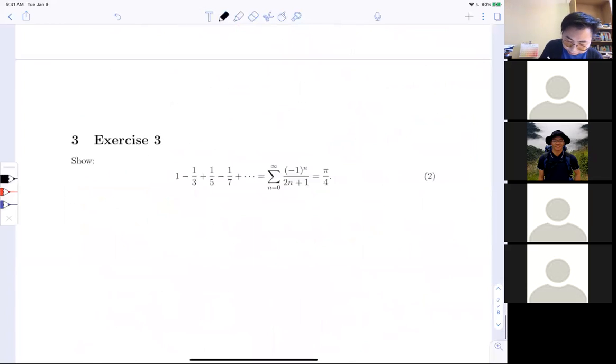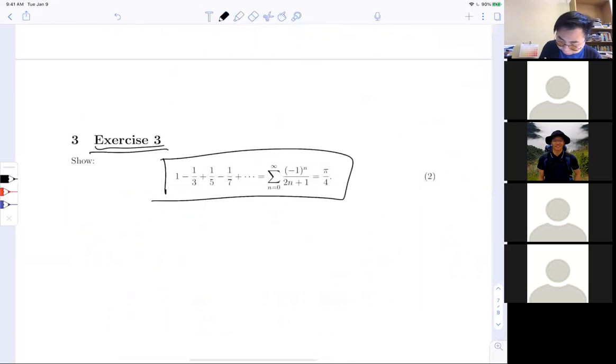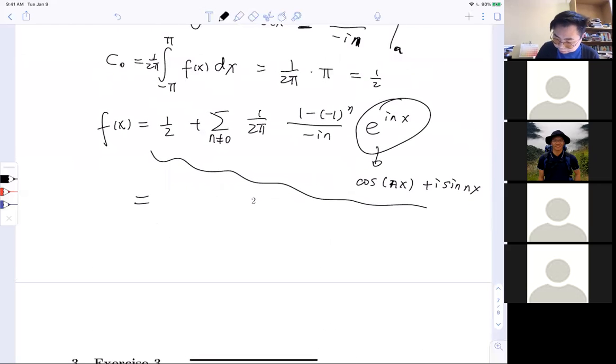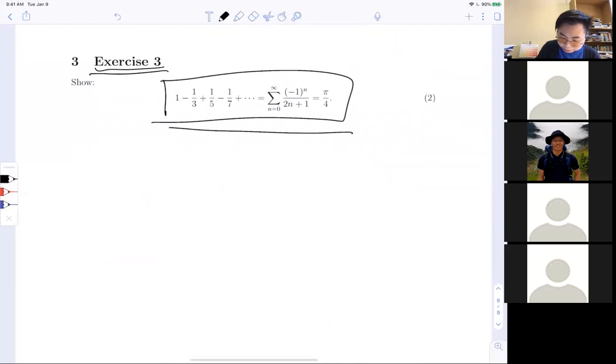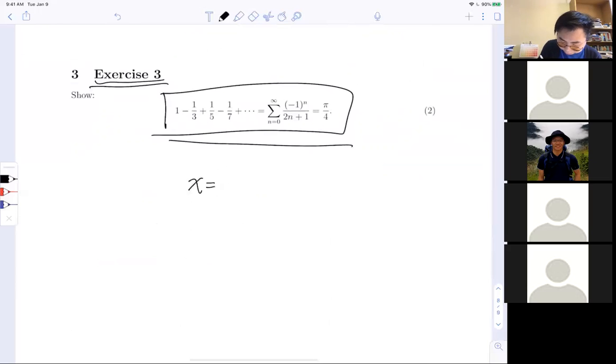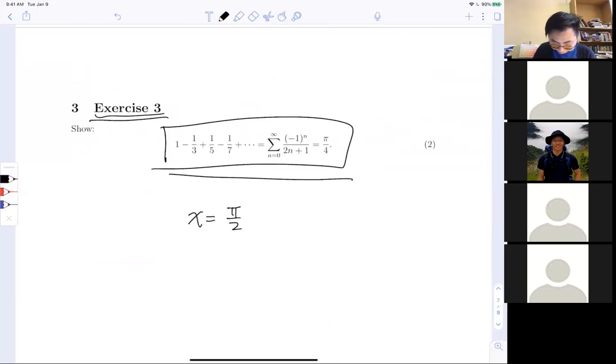Another thing I want to say is there are some problems that ask you to prove this kind of series equals a number. In this case, we usually just set x to some specific number and then it becomes the result. In this case, I think you just need to set your x to pi divided by 2.